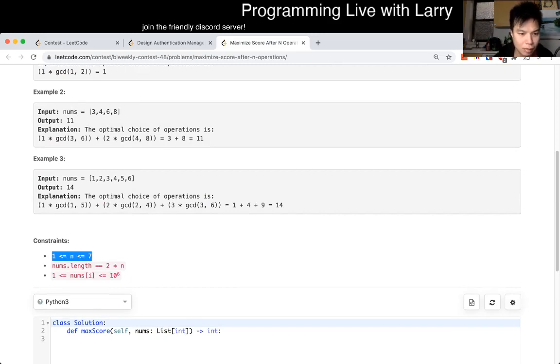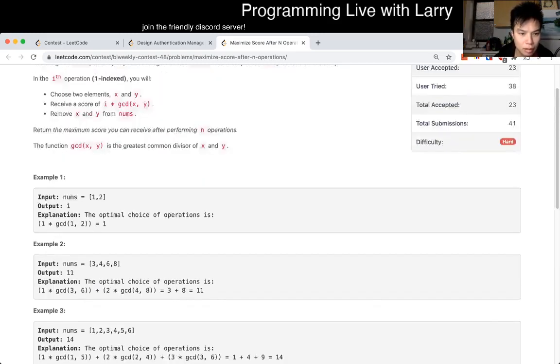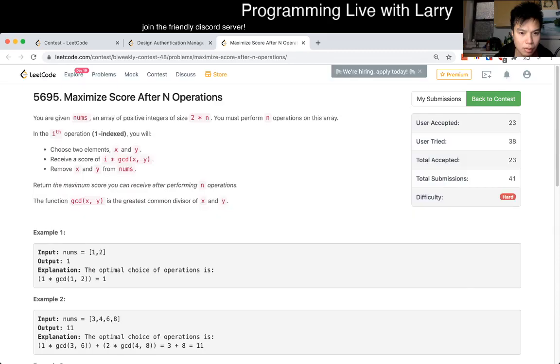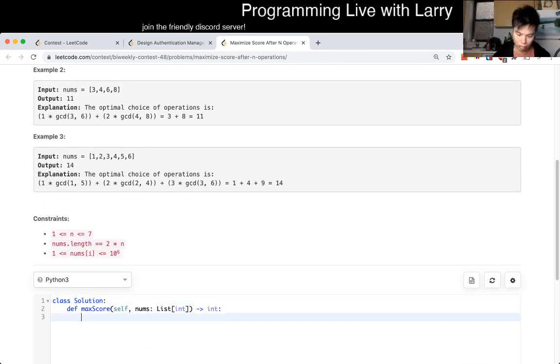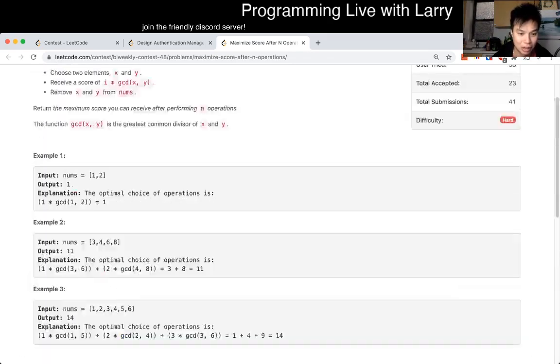Oh, only 7? It's really awkward. This is easy. I wish Q2 didn't destroy me, or Q1, I guess.